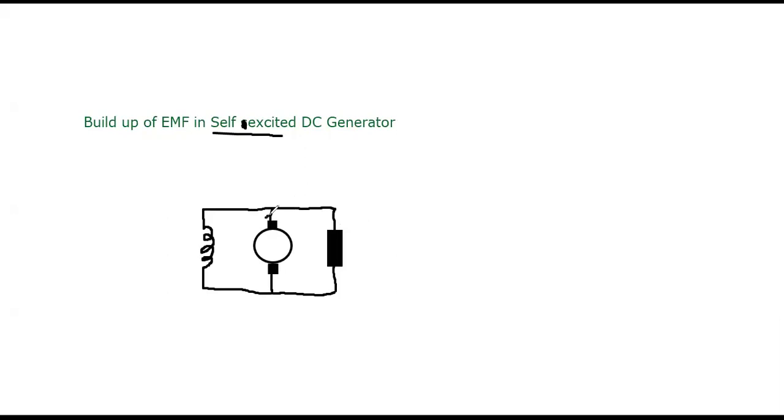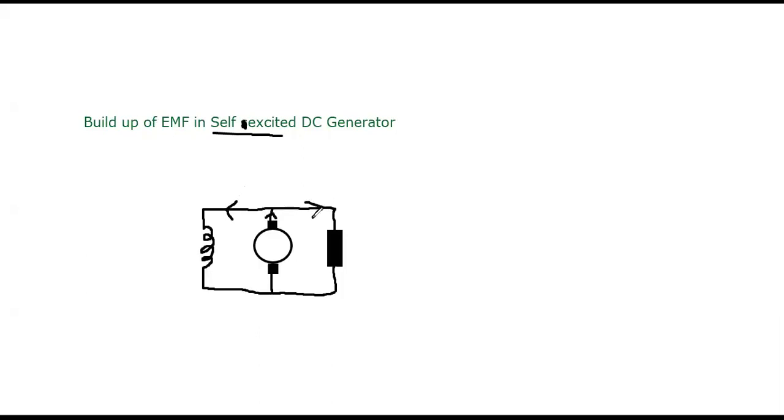Now what happens, the armature current is taken away from the brushes, and it is given to the field winding as well as to the load.